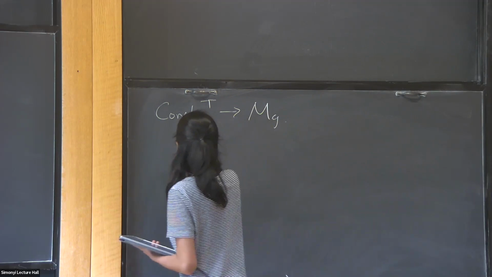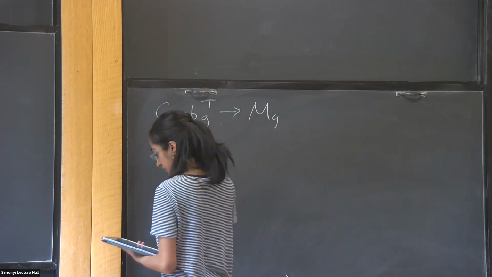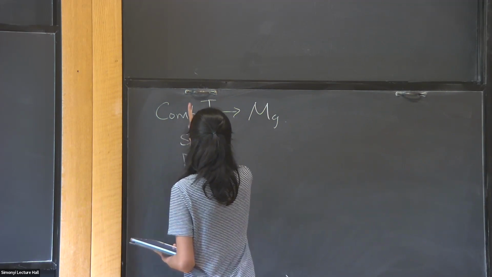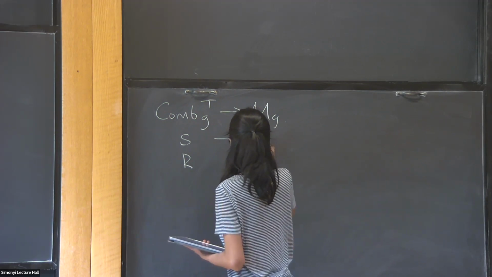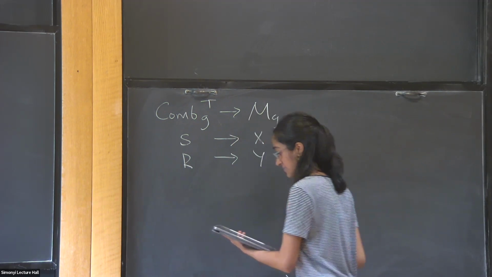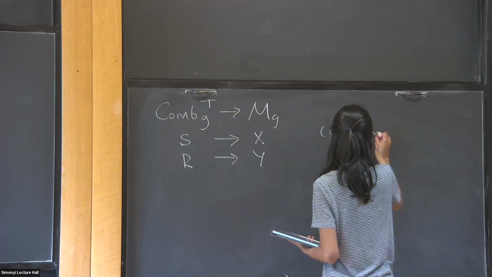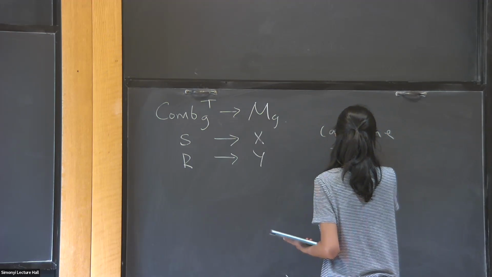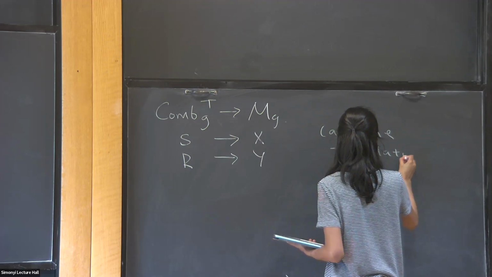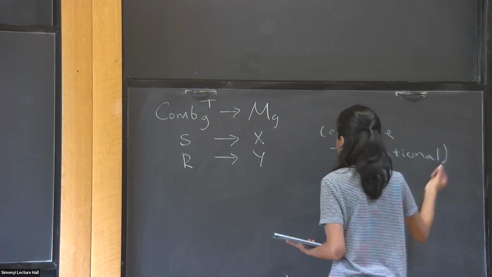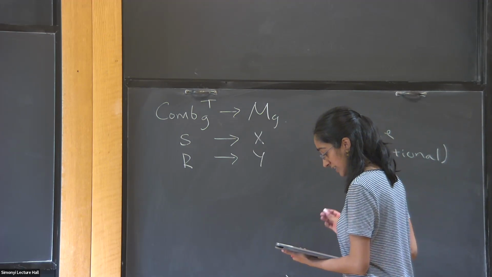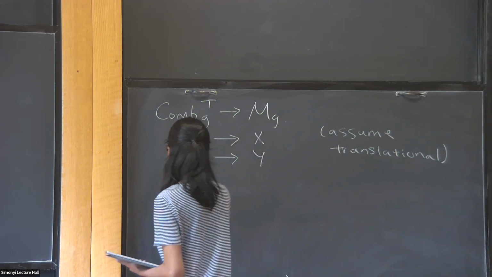And now suppose we have two surfaces in here, mapping to X and Y in moduli space, and assume that everything is translational. Then I have the following claim.